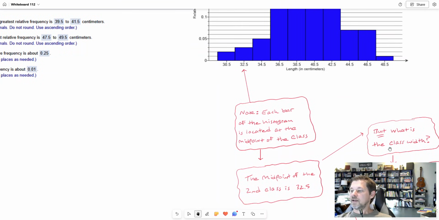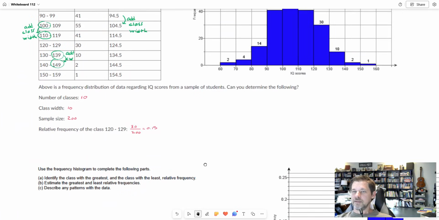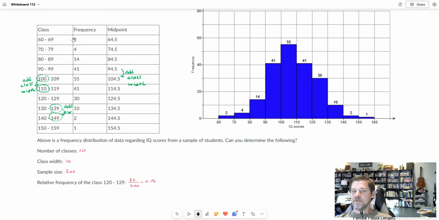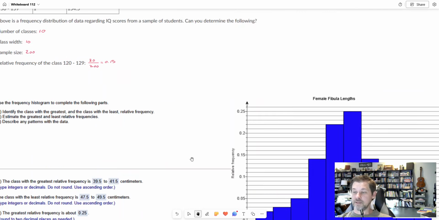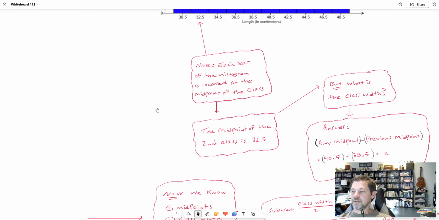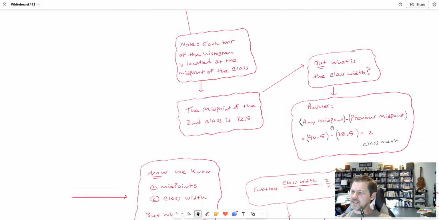How can I find the class width from that? Because we're going to need to know the class width. Well, I think I covered that a little bit up here, because I said if you take the class width and you add it to any midpoint, you'll get the next midpoint. That's one thing the class width does, and that's one way to find the class width. So look at this. If I take any midpoint, subtract the one that comes before it, I'll get the class width.